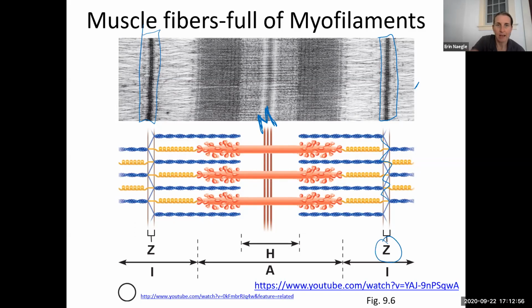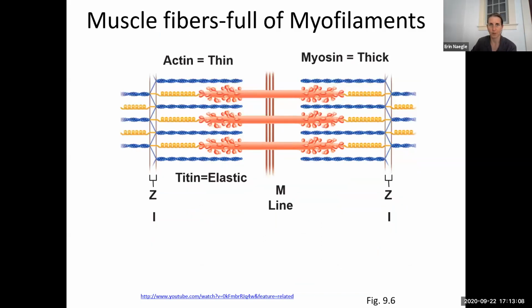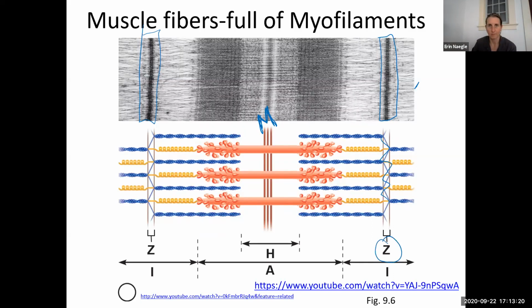And then attached to the M line, you're going to love this. M stands for middle. It also stands for myosin. Perfect. So here's the middle, the M line. These thicker filaments are called myosin. They're also called the thick filament. See how it's darker here?